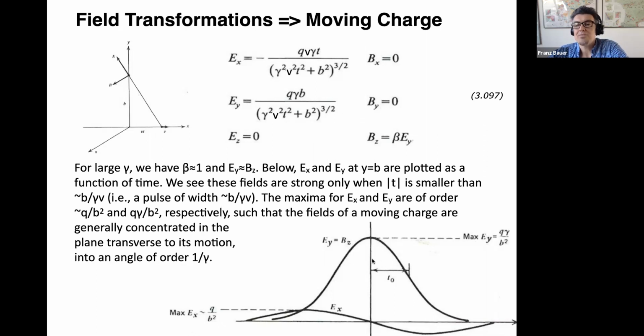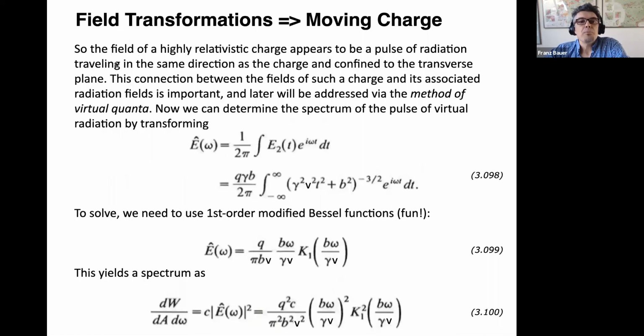And so if you have something that approaches c, then gamma will approach infinity, and you end up having almost a delta spike here. And that, of course, is when we actually approach c, then that's what light is, as we mentioned before. Okay. So we have a field that's generated from this charge which passes by.